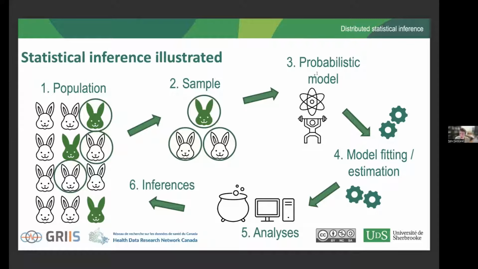Okay, so the probabilistic model will be influenced by the fact that you are analyzing horizontally partitioned data. And the model fitting as well, because when we talk about horizontally partitioned data, you cannot store the data at a single location. So you only need to proceed by exchanging summary statistics from site to site.